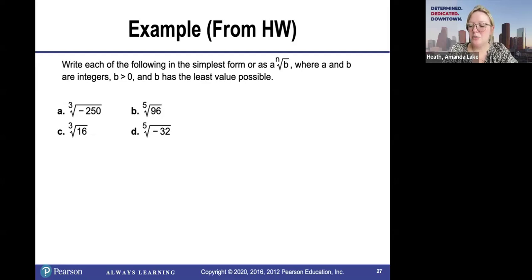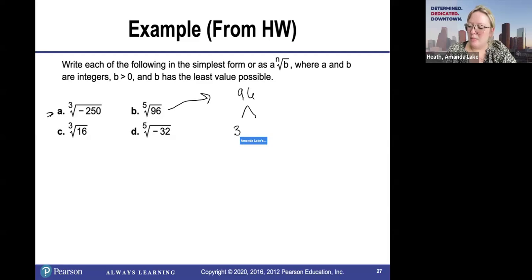Okay, so we're going to spend quite a bit of time going through some of these examples. We already talked about a on a previous slide, but the goal of this is to simplify these radical expressions. So if I want to simplify the 5th root of 96, I want to factor 96 as much as I can down to its prime factorization. So 96, I first see that this number is going to be divisible by 3, and that's because both of the digits are divisible by 3.